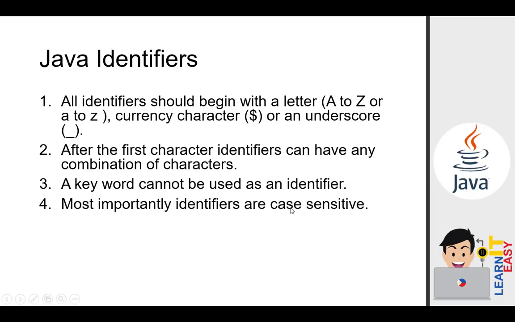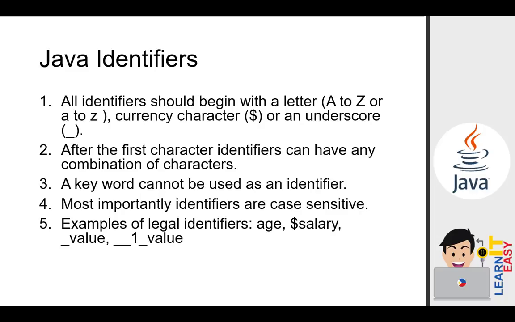Next is, most importantly, identifiers are case-sensitive. Sinabi ko yan kanina na ang Java ay case-sensitive. So, ang small x at ang capital X ay magkaibang variable, kung mga variable man sila. And lastly, number 5, examples of legal identifiers. Ang mga sumusunod daw ay mga legal identifiers. Yung age, valid yan. Bakit?